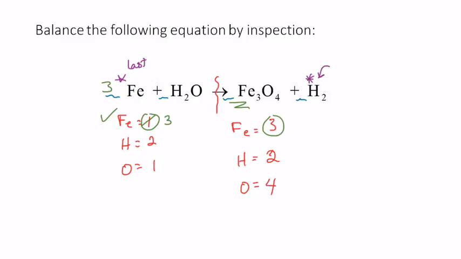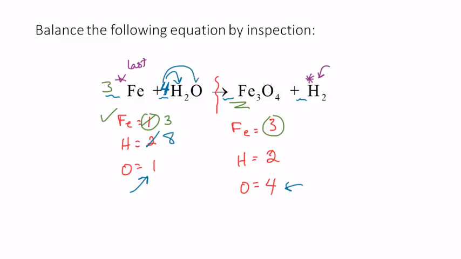It looks like oxygen-wise, I have 4 over here and only 1 here. Dang it. So I need to get 4 here, and I can get 4 oxygens if I put a coefficient of 4 in front of the H2O. So I need to update my hydrogens. I have 4 times 2, or a whopping 8 hydrogens.